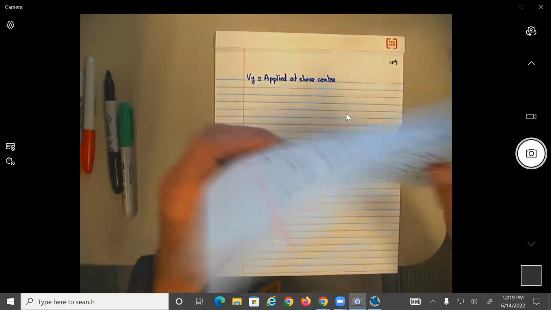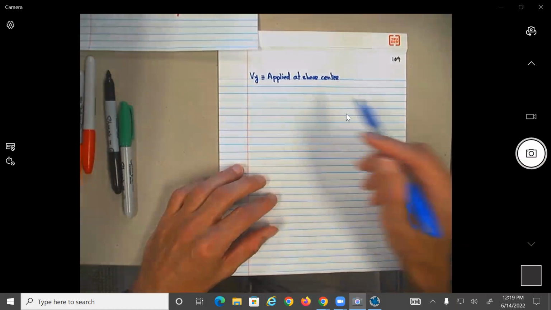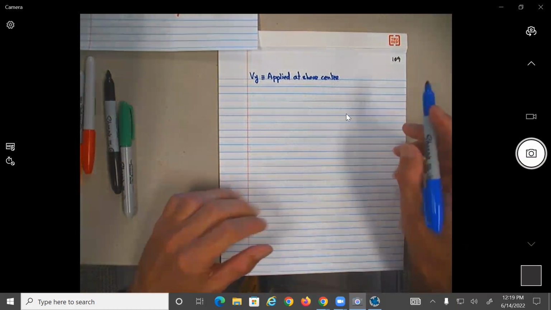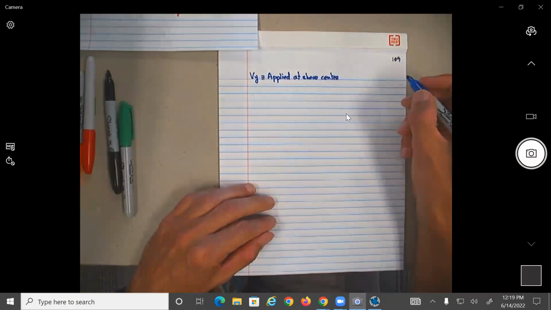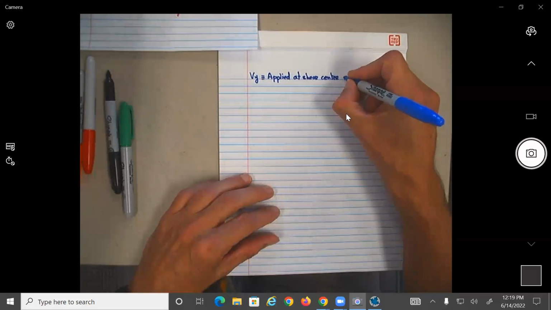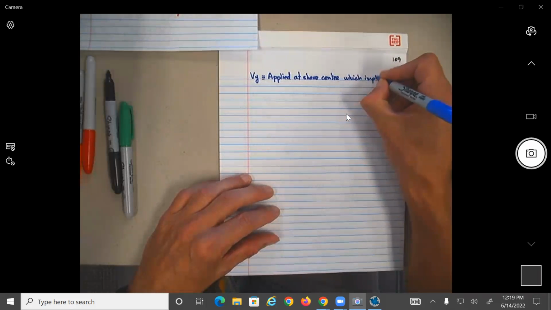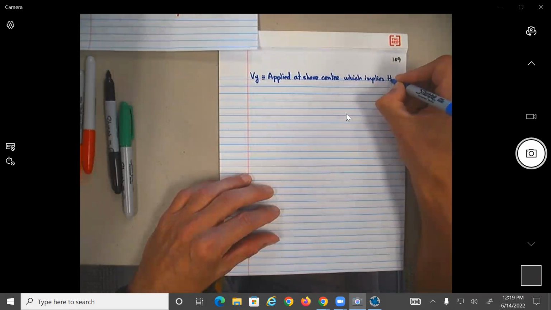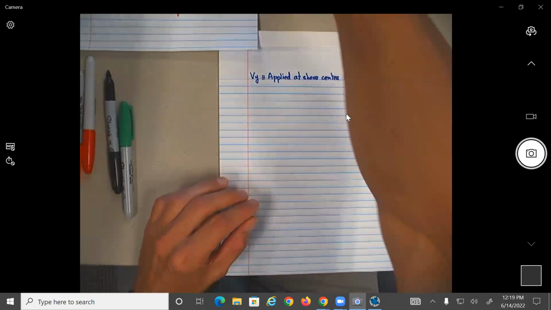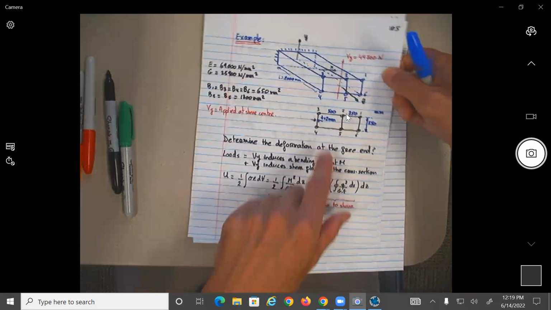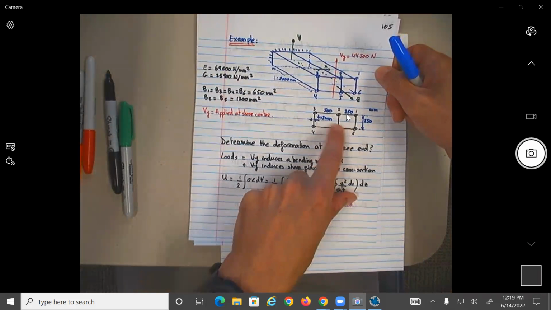If Vy is applied at the shear center, that implies the angle of twist of the two cells is going to be equal to 0.